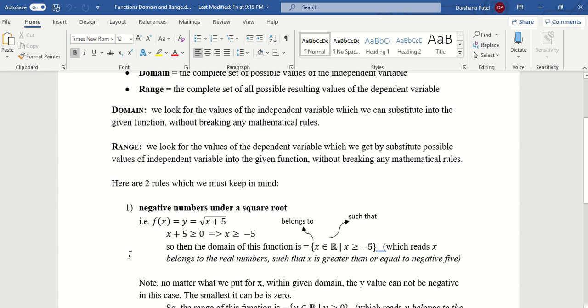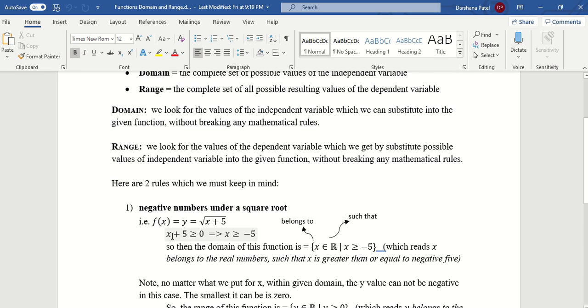So if we have, for example, a function f(x) = y, which is the same as y equals the square root of x plus 5, then we know whatever number is inside the square root has to be positive, more than or equal to 0. So we say x plus 5 is greater than or equal to 0.